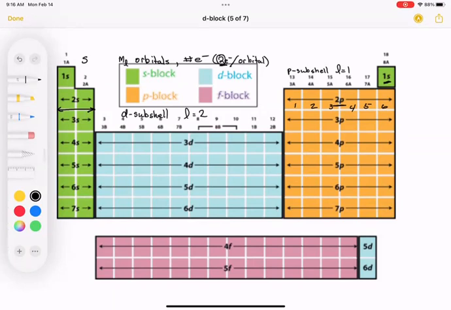How many orbitals are possible? 5. So 5 orbitals means 10 electrons. 1, 2, 3, 4, 5, 6, 7, 8, 9, 10 atoms across.